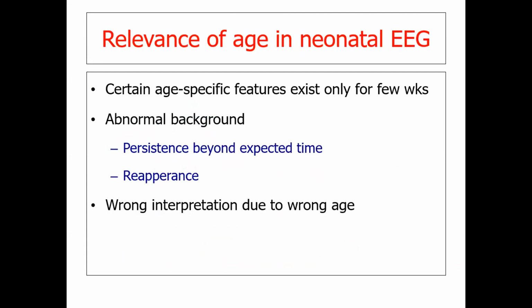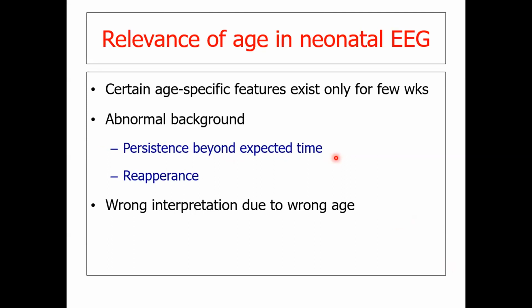And certain age specific features are there. Neonatal EEG is very dynamic because within days and weeks, the EEG patterns differ. Certain new changes appear and certain disappear. So if there is a persistence of a particular finding in an EEG of a neonate beyond an expected time, then there is abnormality.